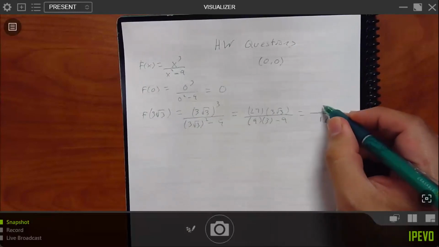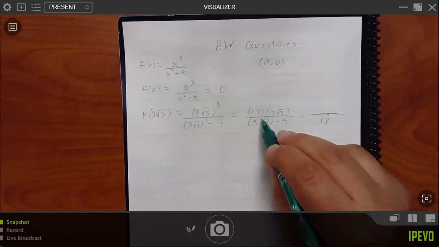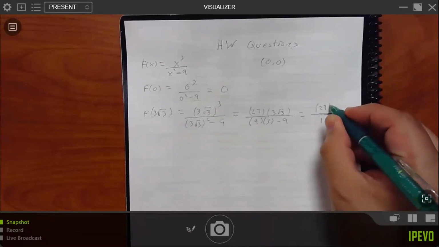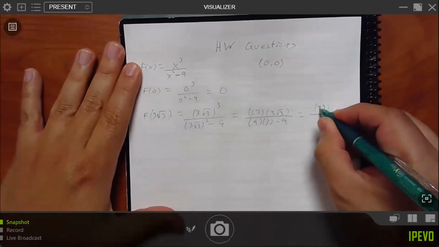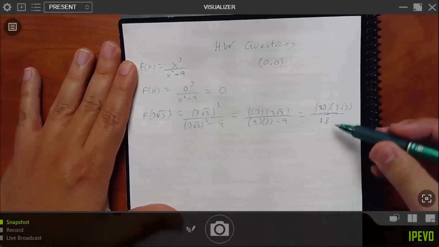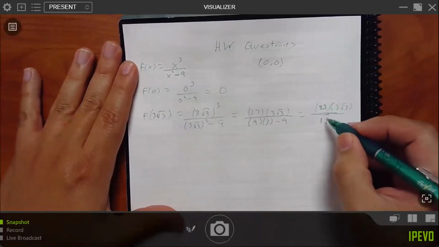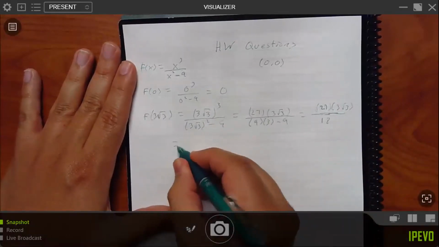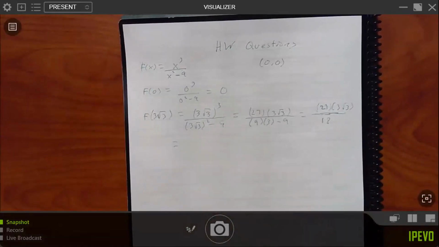Okay. Then we have 27. I'm just going to leave it like this because stuff is going to cancel. There's a 9 in here, right? 9 in there. So you rewrite this over here. How many 9s are in 27?